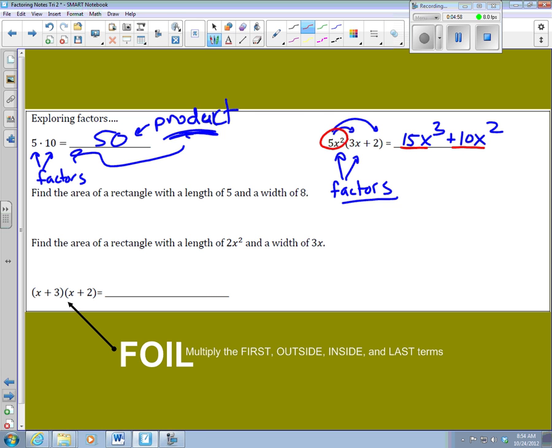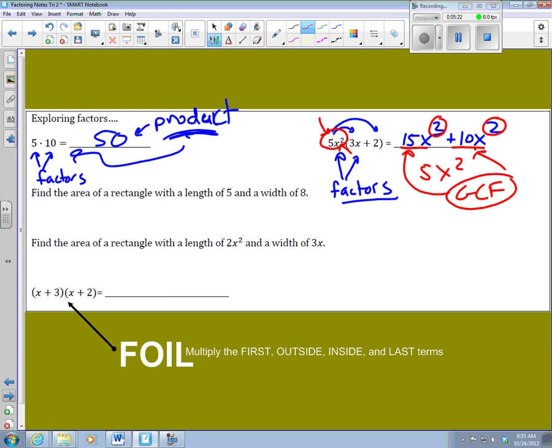They're both divisible by 5. This is the 5 right there. They both have an x, and you can pull out of these two terms the smallest x power common to both of them. So if I have an x cubed and x squared, the most I could take out is an x squared, and that's what we have right here. 5x squared is our GCF, greatest common factor of these two terms.